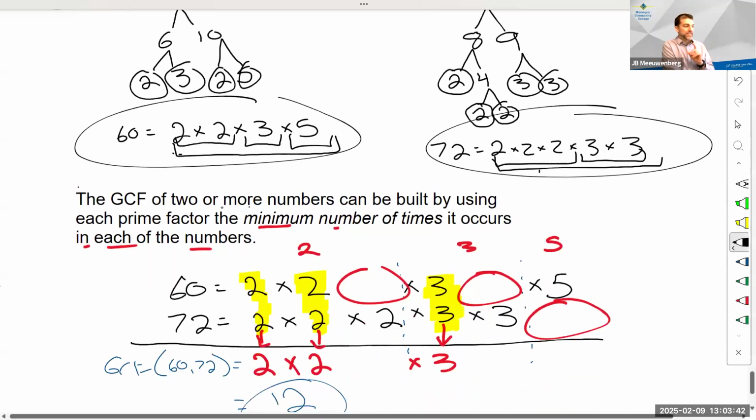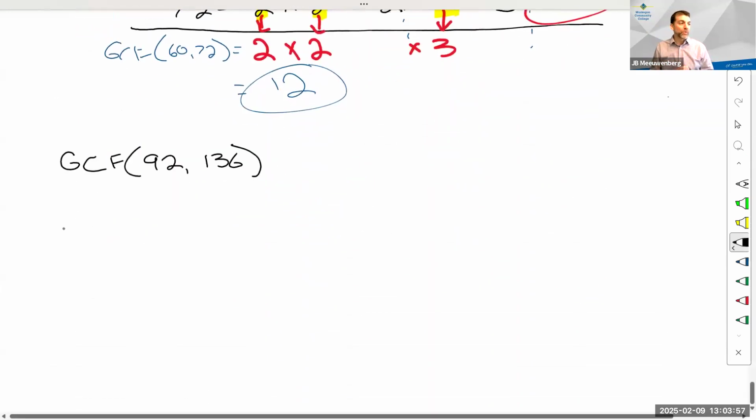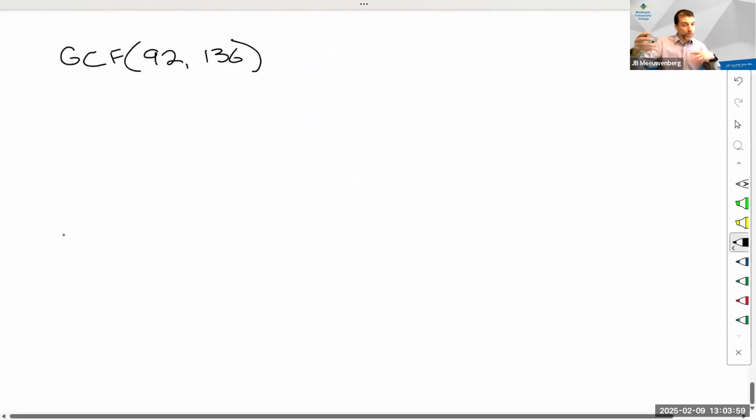And then we're going to use this fact right here. Look for the minimum number of times that a prime factor occurs in each of the numbers that we worked with. So if you want to try this on your own, pause. You want to watch another one, then keep going.